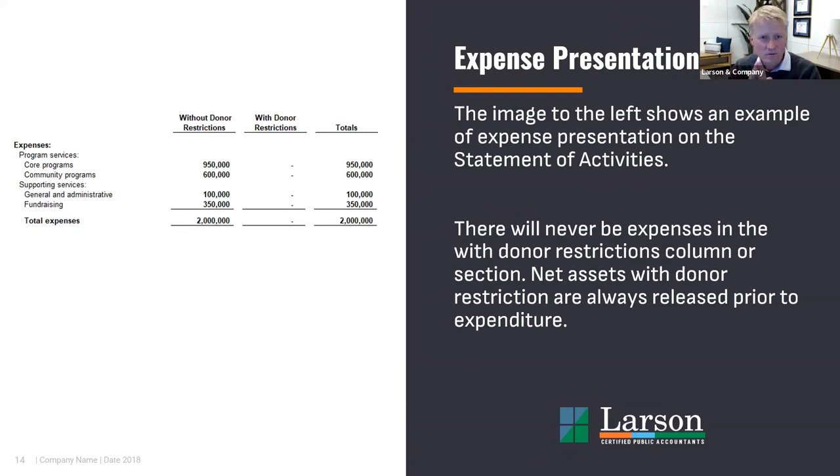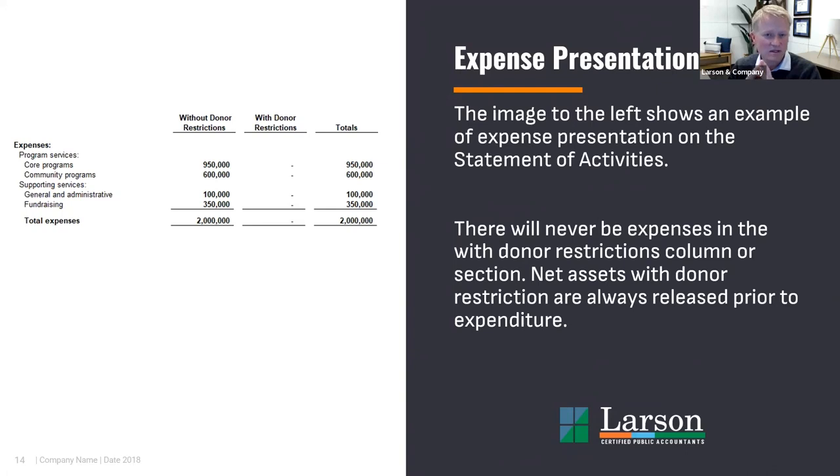One thing to keep in mind is that in the expense section, there will never be expenses in the with donor restrictions column. That is because net assets with donor restrictions are always released before being expensed.